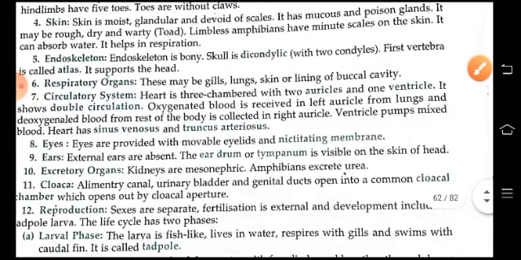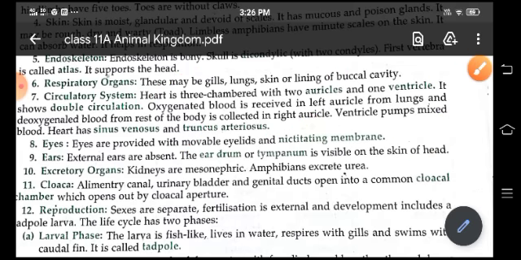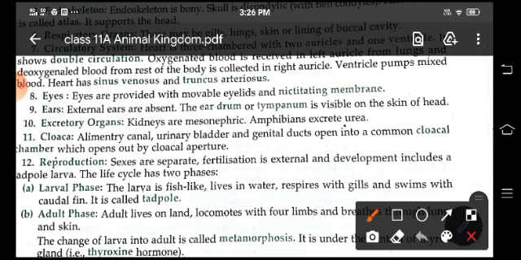Now heart is three-chambered with two auricles and one ventricle and they also show double circulation. Eyes are provided with movable eyelids and nictitating membrane. Ears are absent, but the eardrum or tympanum is visible on the skin of the head. Excretory organs are mesonephric and amphibians excrete urea.